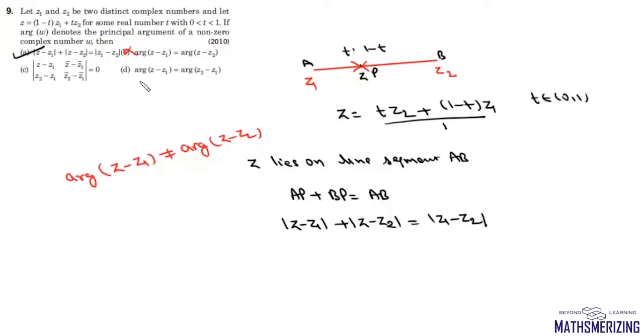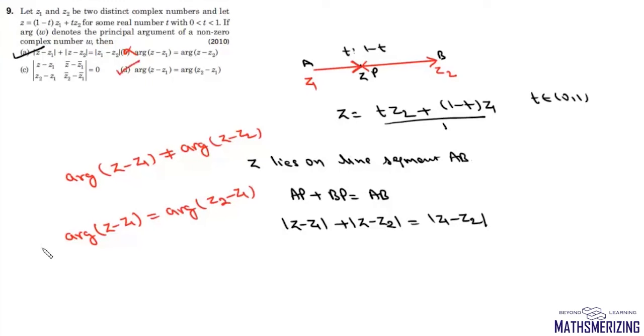Now what about the argument of Z minus Z1 and the argument of Z2 minus Z1? Z2 minus Z1 and Z minus Z1 are both in the same direction. So we can say the argument of Z minus Z1 must be equal to the argument of Z2 minus Z1. That means option D is correct.